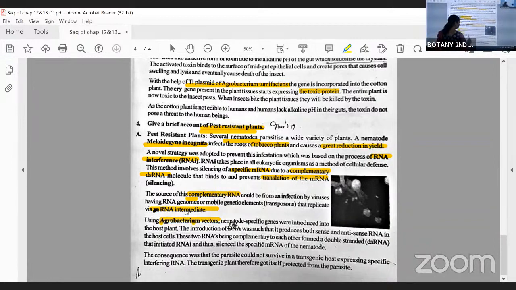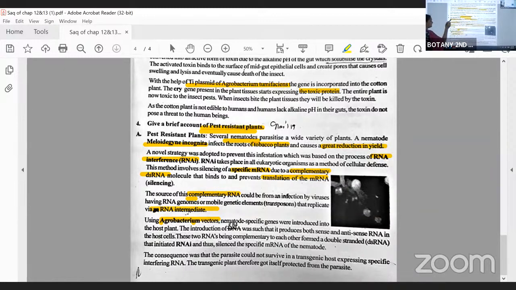Okay, and this is very specific for the nematodes which are causing the infection, and it will be introduced into the host plant. So through the Agrobacterium, we can insert the gene which makes the complementary RNA strand into the host plant.